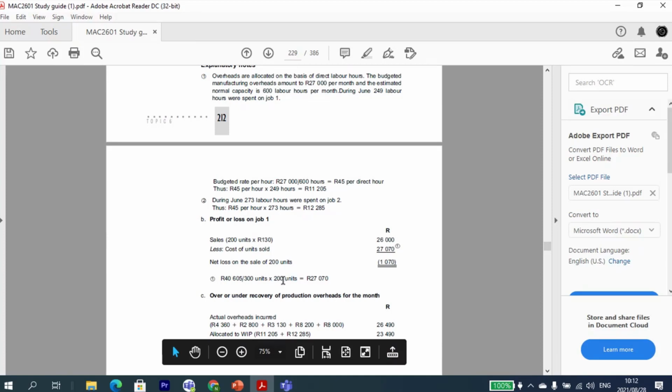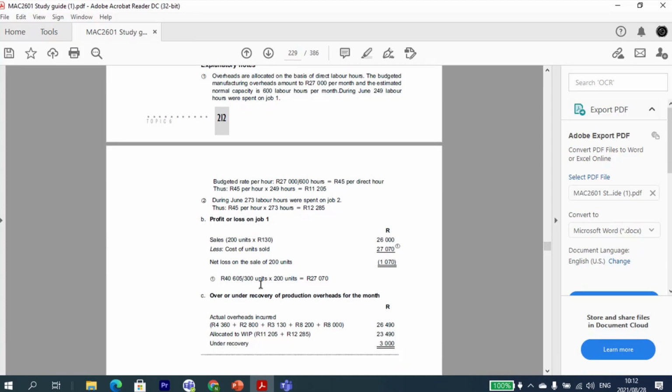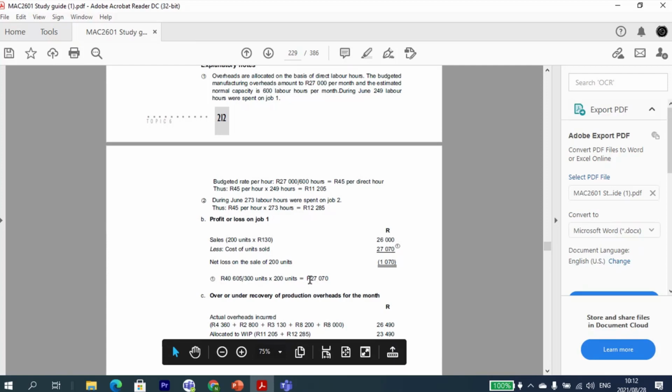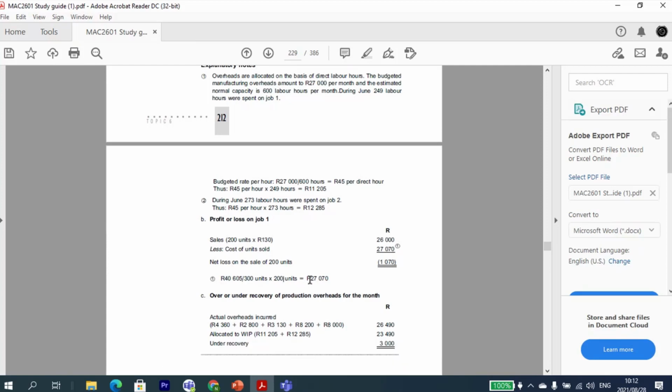Yeah. That's what they did. Yeah, I didn't finish it because I wasn't sure of how they came about that. Why did they divide by the 300 units?